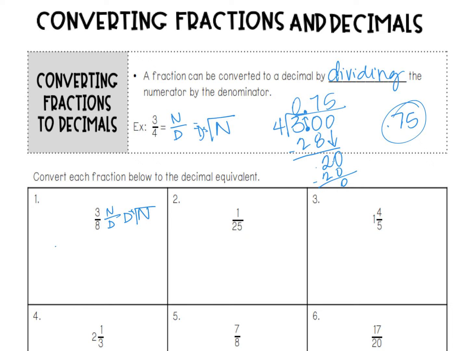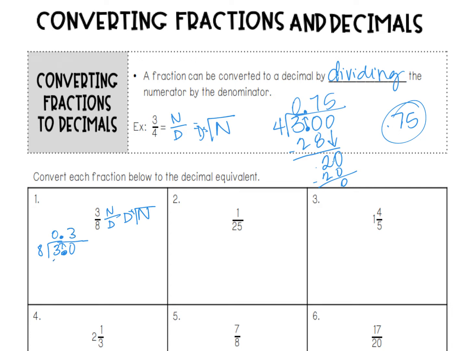So 8 cannot go into 3. I'm going to bring a 0 up here, add a decimal, bring that decimal up, and add a 0 behind our 3. So now I know that 8 can go into 30 3 times.